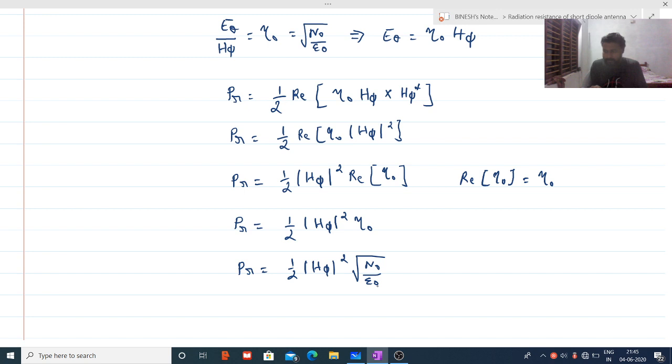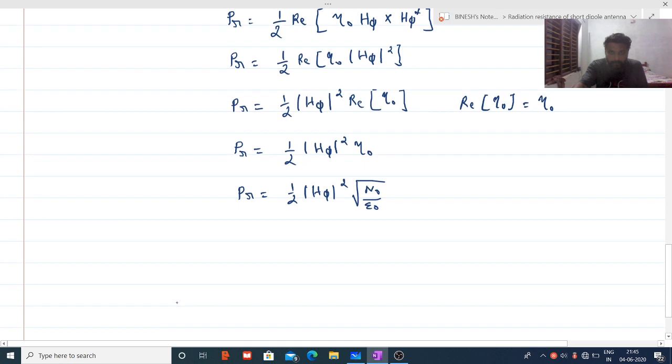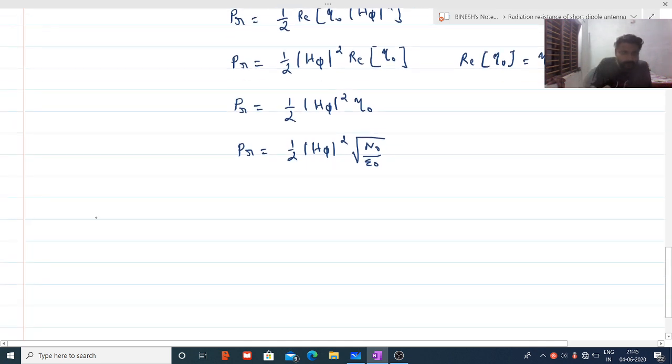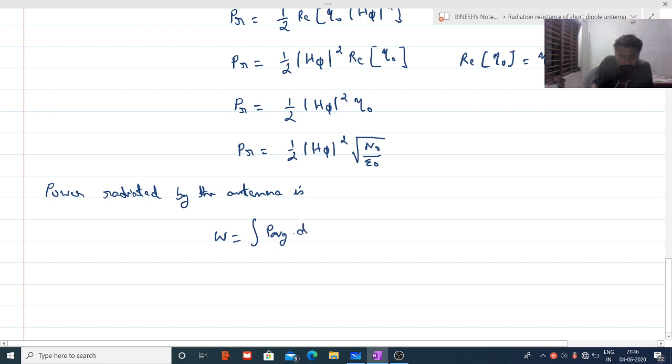So I will write the power radiated by the antenna is W, nothing but integral of P average into ds.